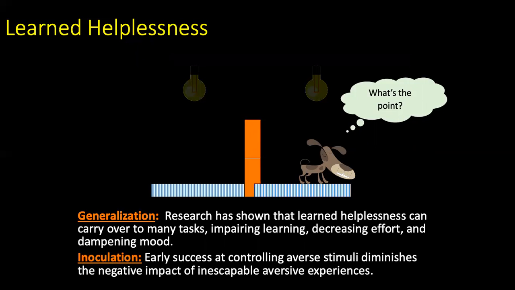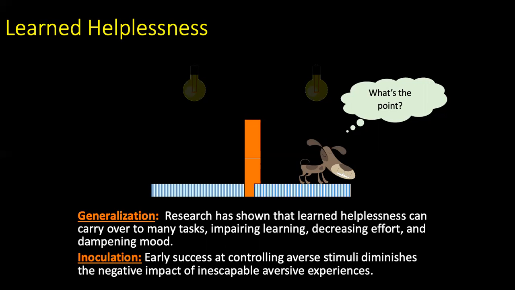A positive of this is that we've also started to think about the concept of inoculation, because not everybody, especially when we talk about humans, shows the same kind of learned helplessness effect. While we have used it to explain depression, not everybody in the same situation is going to develop symptoms of depression.